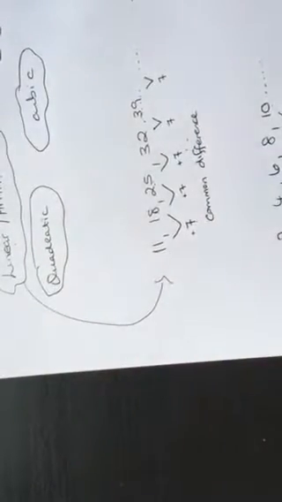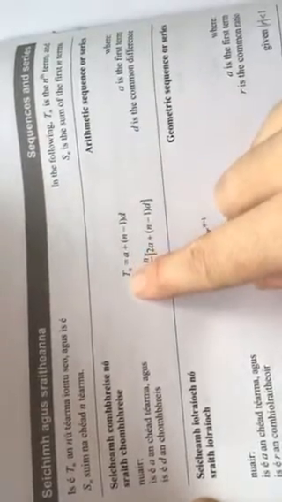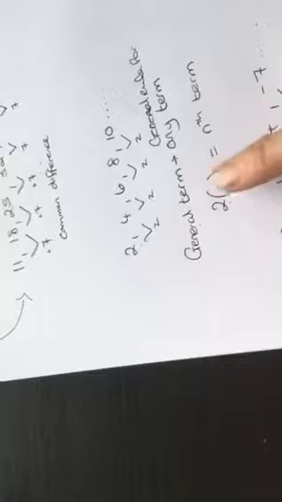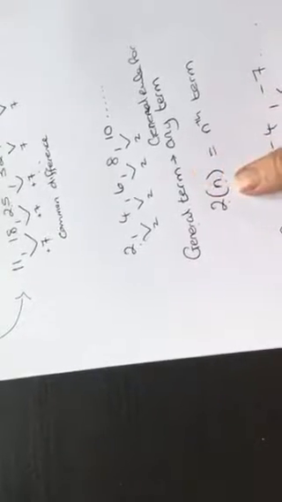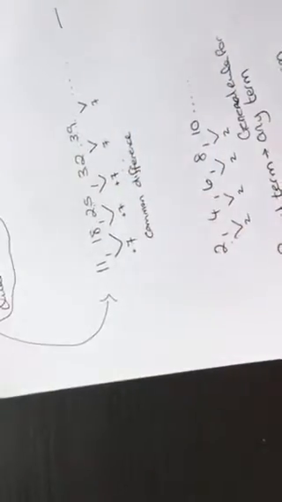For arithmetic, if you want the general term or the nth term, this is your formula. If you fill this in, you will get the general formula or the general term for this particular sequence.